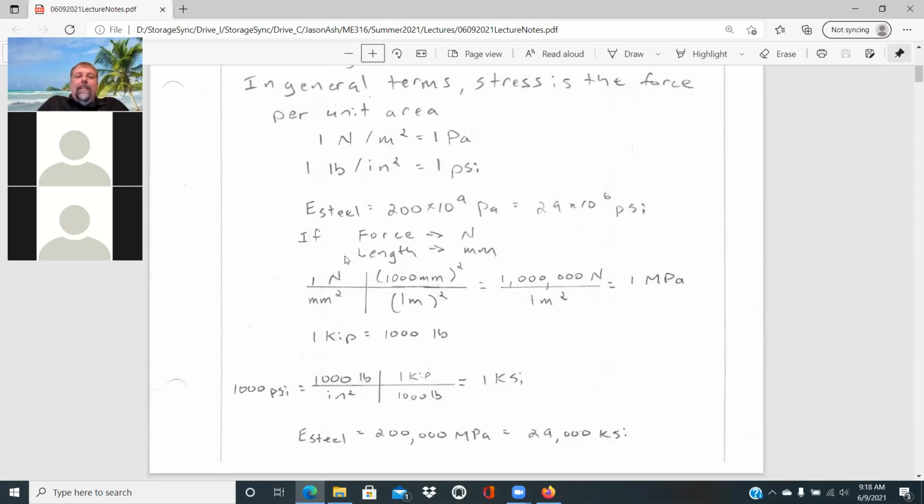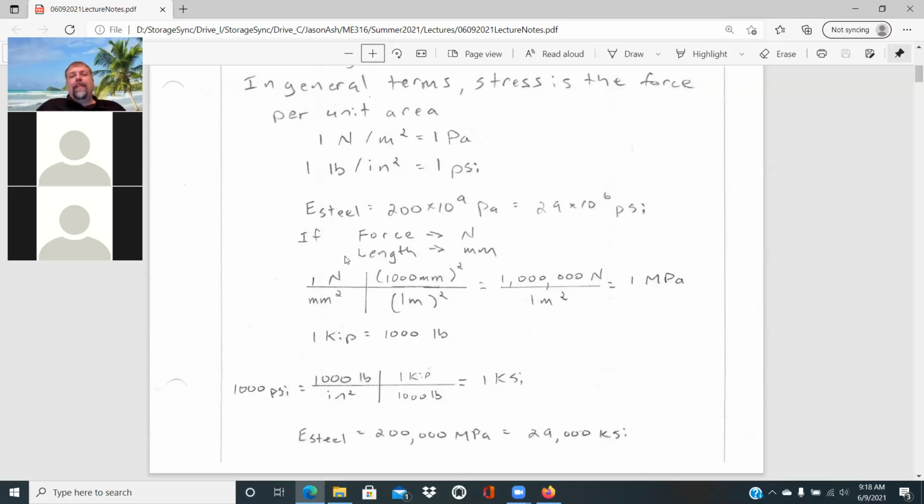If we look at the force per unit area, 1 Newton per millimeter squared, there's 1,000 millimeters in 1 meter for unit cancellation. We have to square both of those terms, so the 1,000 gets squared along with the units. That works out to 1 million Newton per meter squared, which is 1 megapascal.